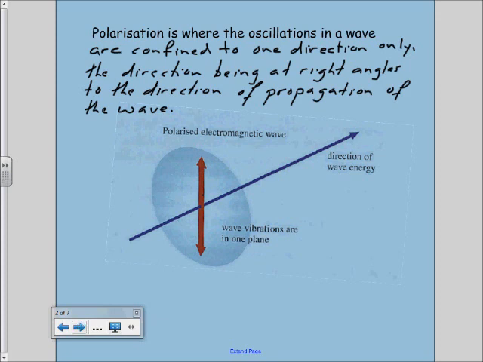The word propagation is just a fancy word, just means the direction of travel of the wave.